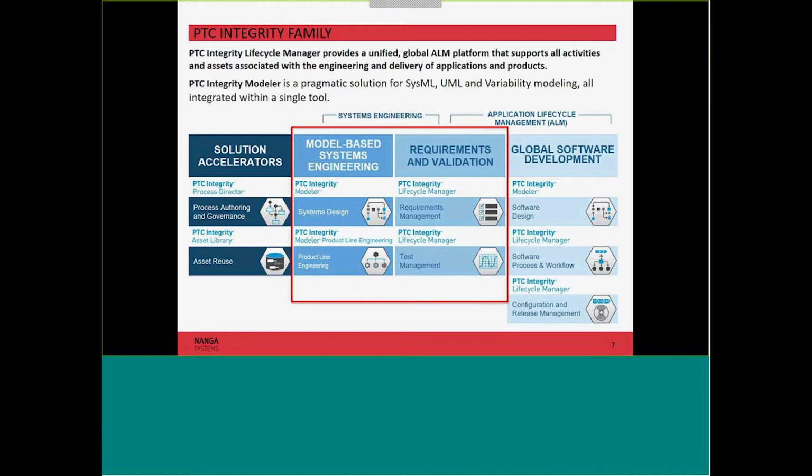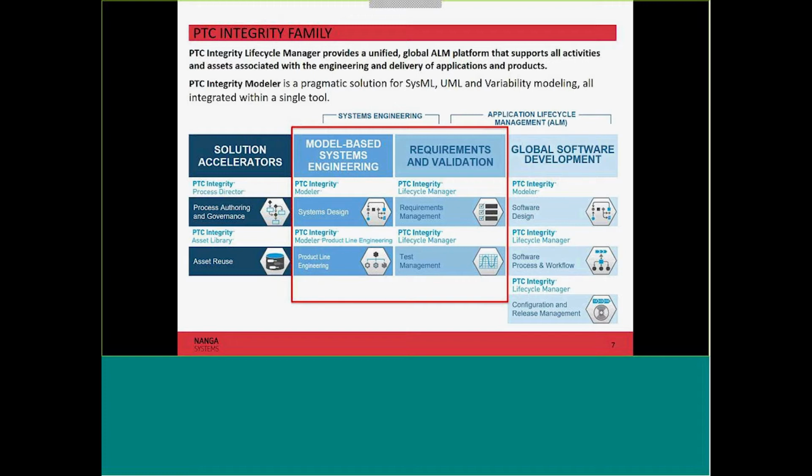So Lifecycle Manager is providing a global unified ALM platform that supports all activities associated with engineering and delivery of application and products. Integrity Modeler is a solution for systems engineering using SysML or other profiles, maybe MODAF, DODAF, UPDM, etc. for our systems engineering.